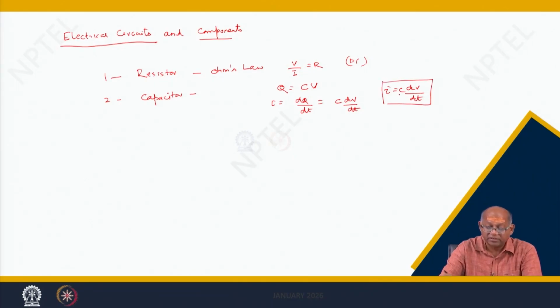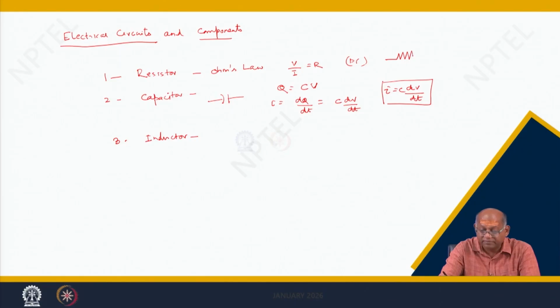This is the capacitor. Okay. Then the third one is known as an inductor. What is an inductor? It is a magnetic coil. How does it look? The capacitance symbol is like this, right? This is capacitance, and the resistance symbol is this. An inductor is a magnetic circuit, we will talk about it. Suppose I have an iron core like this.